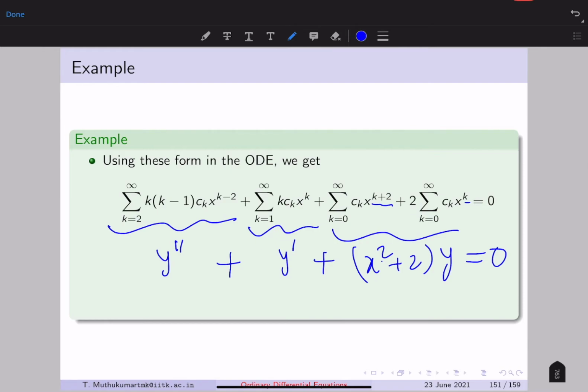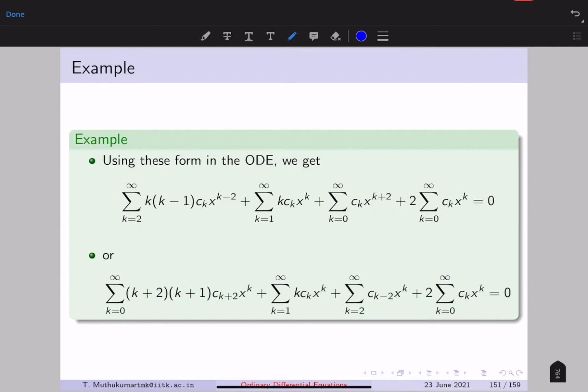Now we need to arrange these things and write everything in terms of similar powers. We have x power k here and x power k here, so we also try to rewrite these in terms of x power k. What I have done is just renamed: I have called k minus 2 the new k.